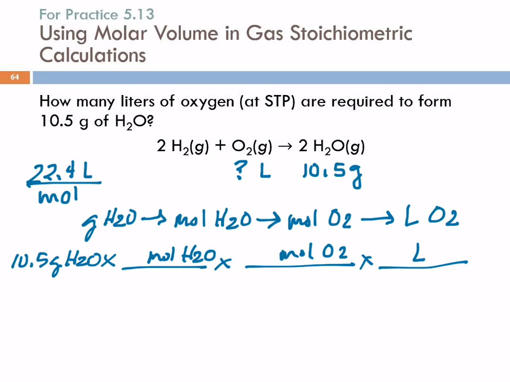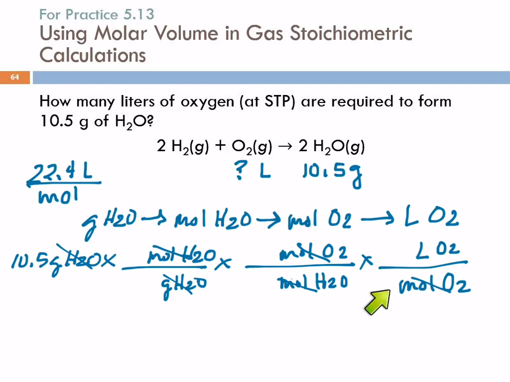Liters of oxygen on top. And then I'm going to put all my units in the bottom. Moles of water to cancel moles of water, moles of oxygen down here. This is where the molar volume of the gas comes in, 22.4 liters for every 1 mole. That only works at STP, but this is at STP.